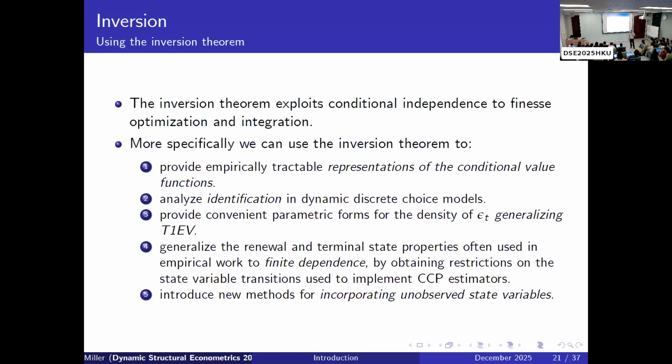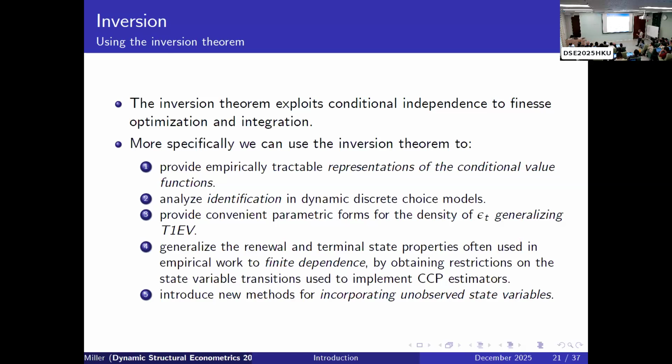So we've got conditional choice probabilities that will allow us to get around that backwards induction question. You can analyze the identification in dynamic discrete choice models within this setup, because after all, given the conditional independence assumption, the conditional choice probabilities themselves are giving you almost everything that the data has to offer. Everything else is independent and idiosyncratic.